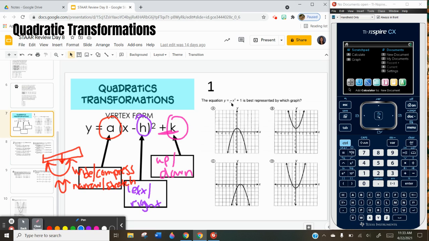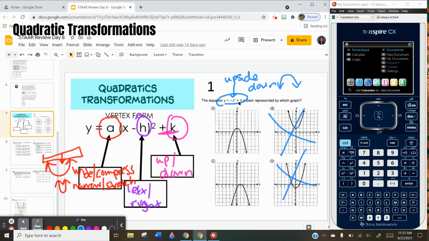Problem number 1. The equation y equals negative x squared plus 1 is best represented by which graph? Remember that the negative out in front of x squared means that it opens upside down, which means your graph should be opening downward because it has a negative. So looking at my graphs, I can cross out B and D because those graphs are facing up.